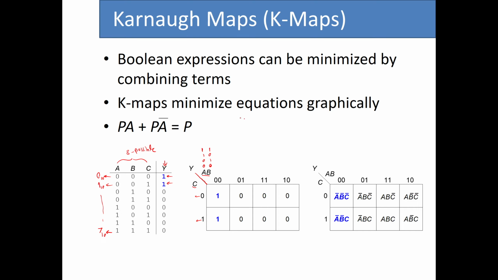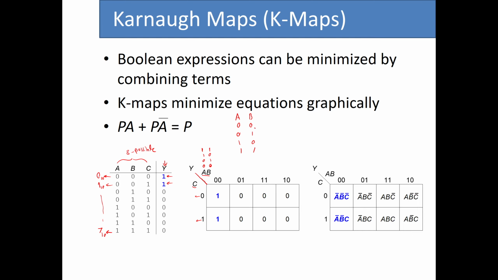So let's just quickly write these possible combinations. If we have AB, we have 0, 0, 0, 1, 1, 0, and then 1, 1.